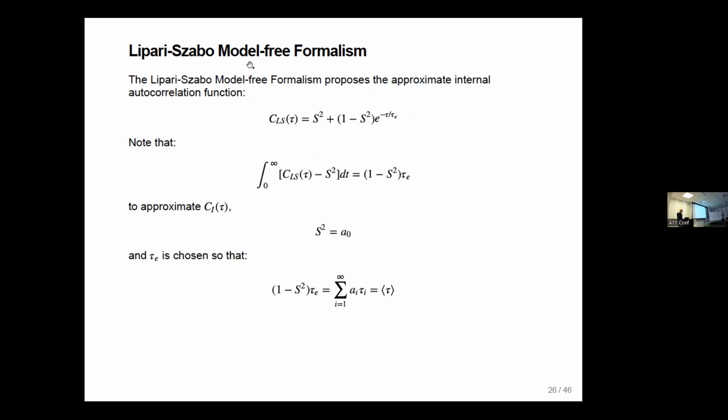People have strongly criticized this approach because Lipari and Szabo called it the model-free formalism. And they say it's not really model-free because you depend on the real internal autocorrelation function for determining tau sub e. I would say that's a little harsh because no matter what the real curve is, it always has an area.